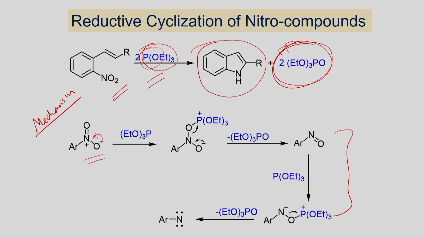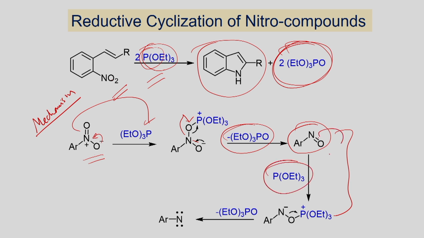So this can undergo reaction, and you will have this intermediate. Once you have this intermediate, now you will lose the triethyl phosphate. You will have this nitroso derivative. Once you have the nitroso compound, which can further react, as we have just seen, it can undergo reaction with the triethyl phosphite, and we will be able to have this intermediate.